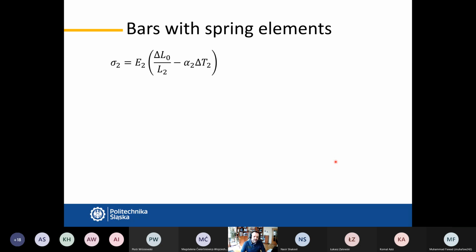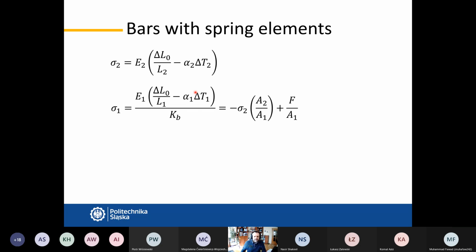So sigma in the member number 2 is calculated in the same way as previously. Sigma 1 is expressed by the factor K2. Here the spring factor is involved in Kb.